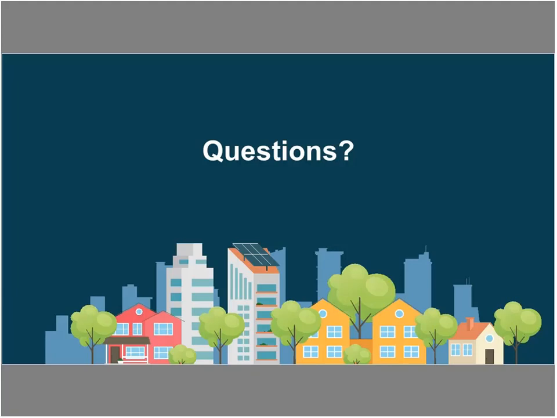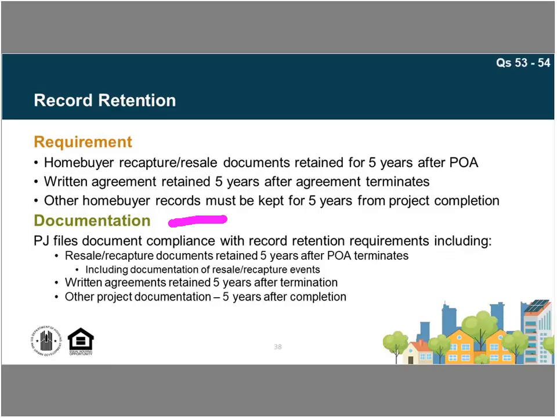So if you've got a 15-year period, you could be looking at a minimum 20-year record retention for that particular purchase of the home. And then project-related records can be purged after 5 years of completion.